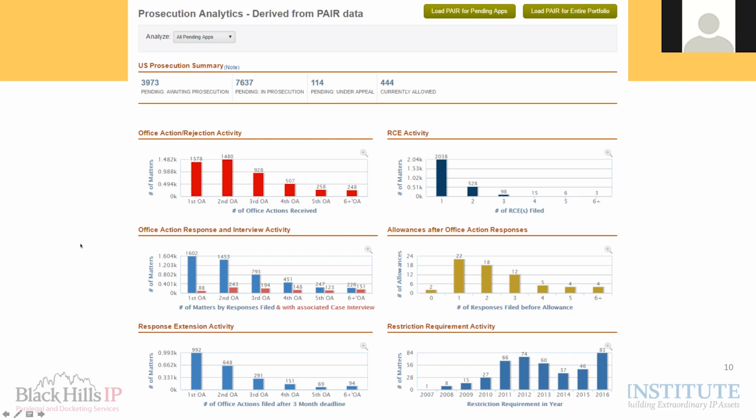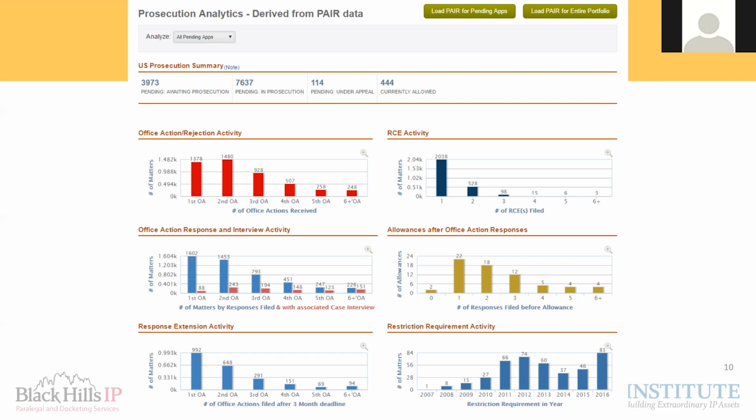Yeah, and also I like to draw the attention over to the RCE activity as well. And here you can see that about 2038 have at least one RCE. That's great. But again, you want to make sure, from a trend perspective, it's going down.